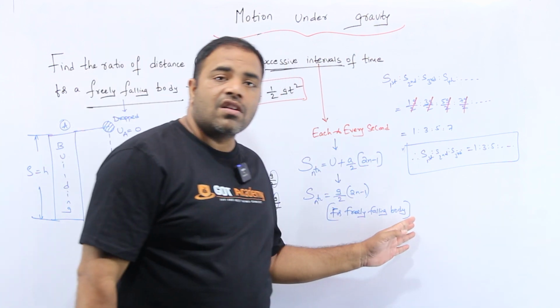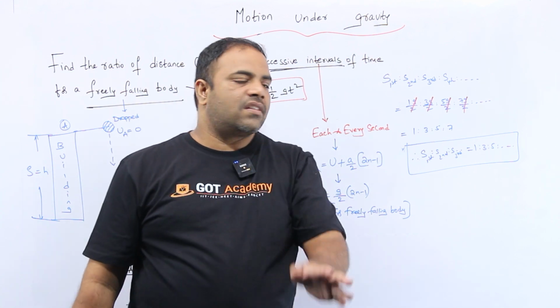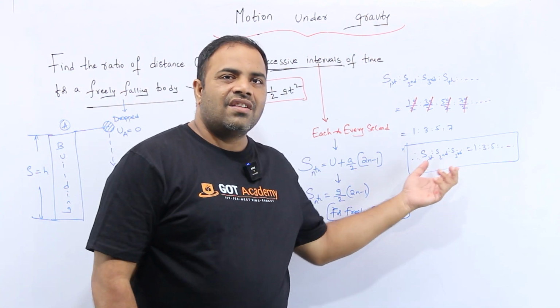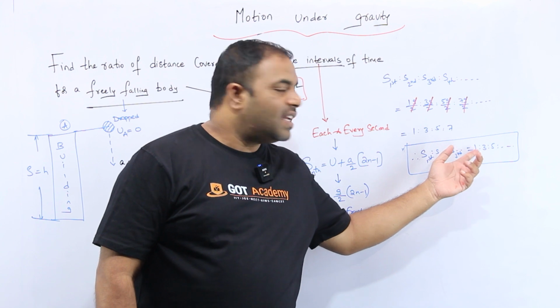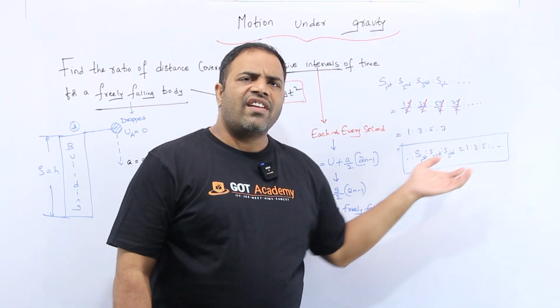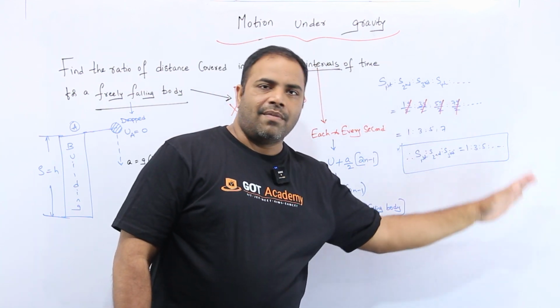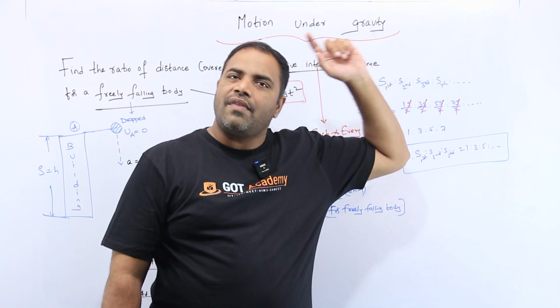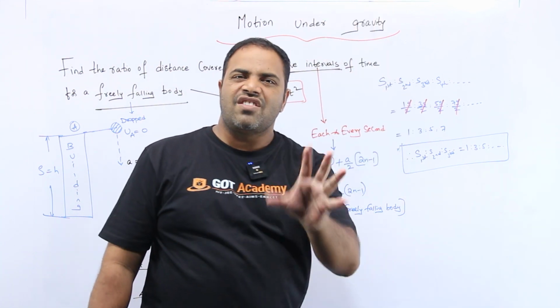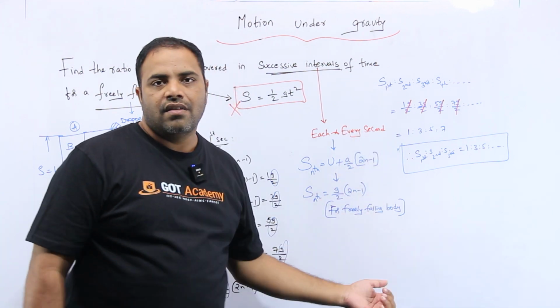But in this particular concept, you are not getting any squares. What you are getting is just odd numbers. 1 is an odd number, 3 is an odd number, 5 is an odd number, 7 is an odd number. So here you are getting odd numbers, remember. In this particular case, you will get the ratio of odd numbers. In the previous case, the ratio of squares of natural numbers. Like that you try to remember. Have a look at this. You will understand. Very easy question.